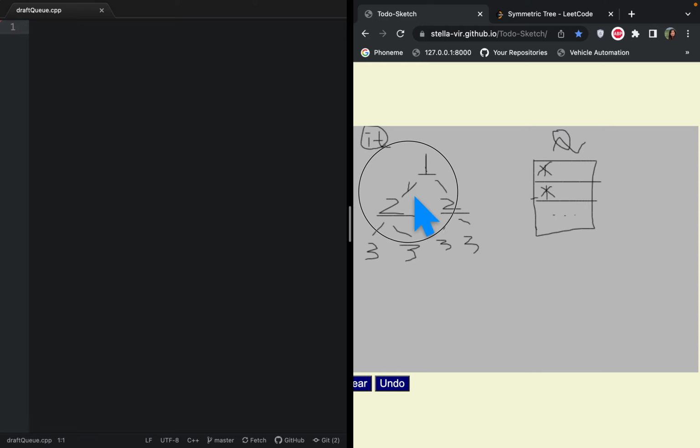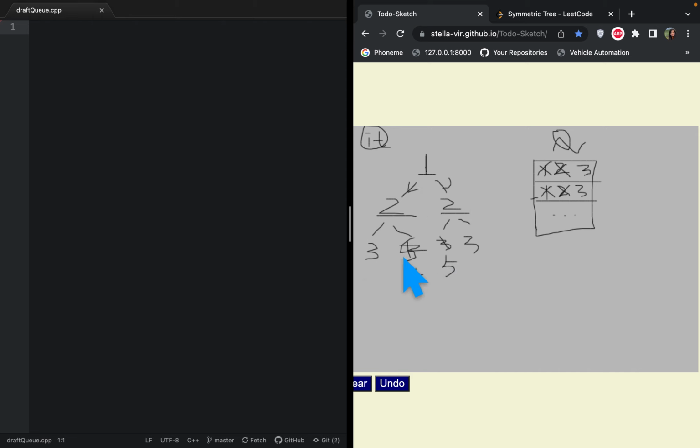We keep going to the left, so there is a 2 here, and we push 2 in here, and the right side also has a 2, and we put this in there and pop this out. Similar thing, we keep going with the 3, and I guess I put this a little bit too symmetric. Maybe I put 4 here, and this one put 5 in here.